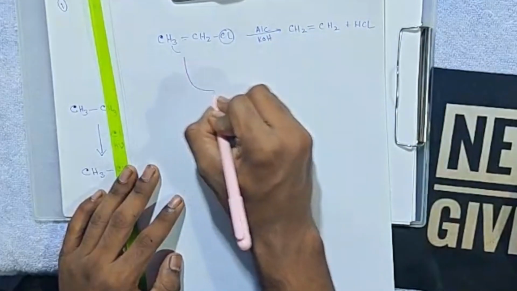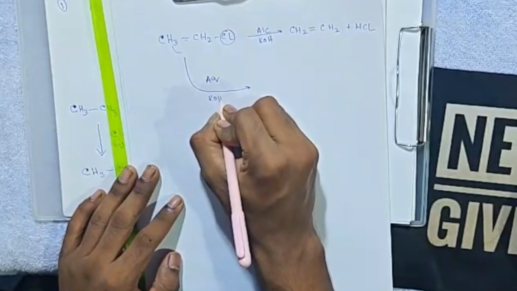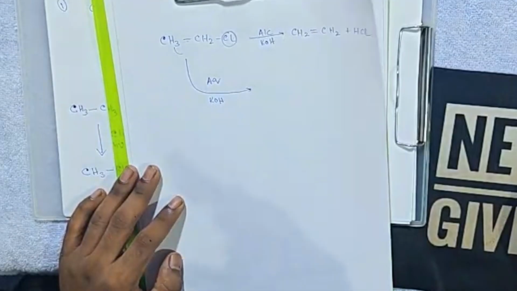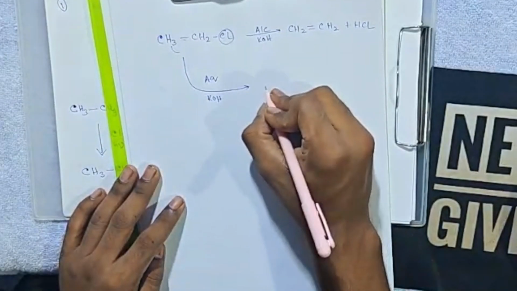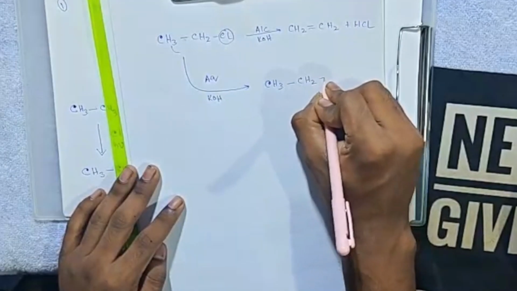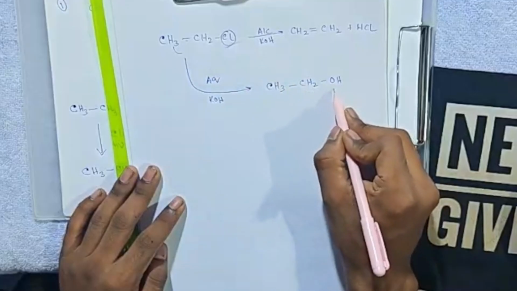Now if you give aqueous KOH, then the product will be different. Aqueous means hydroxyl group, that means OH, then it will form CH3 CH2 OH. Just replace the Cl by OH.